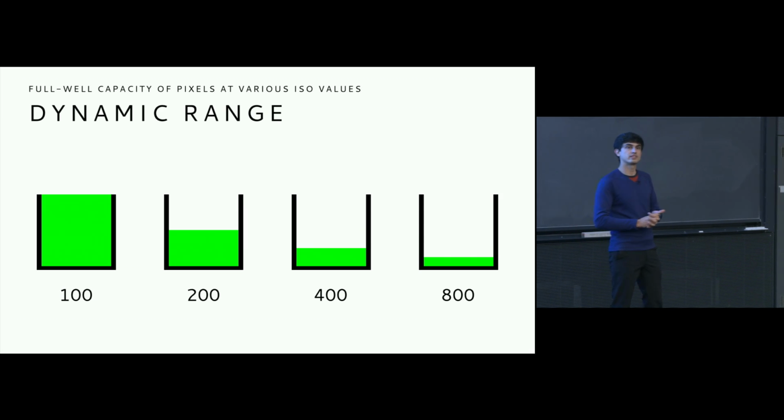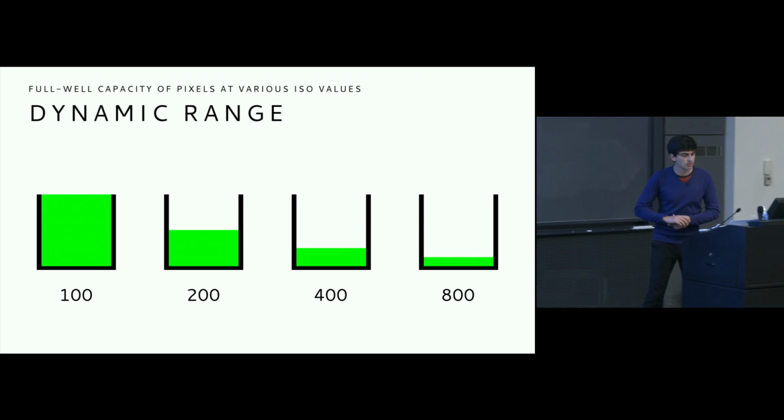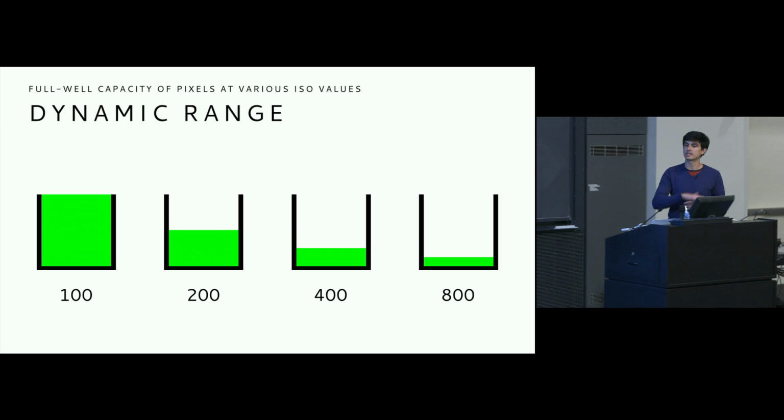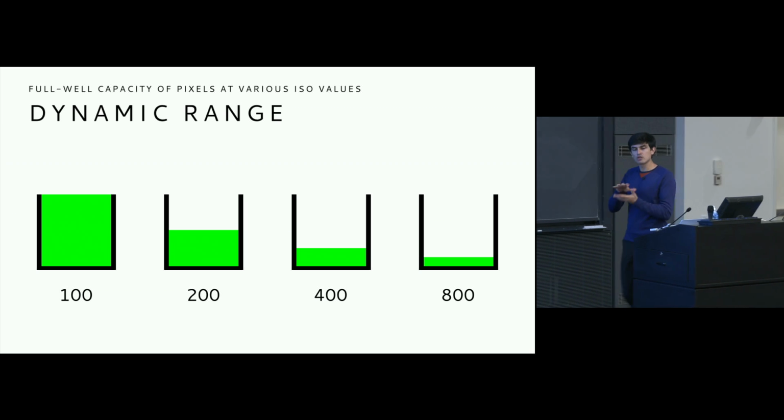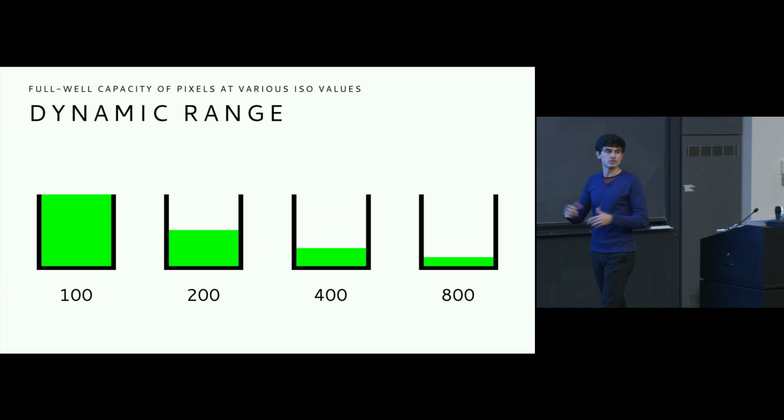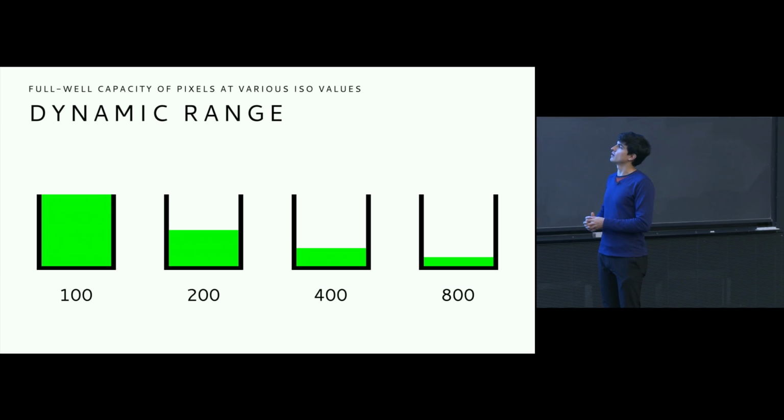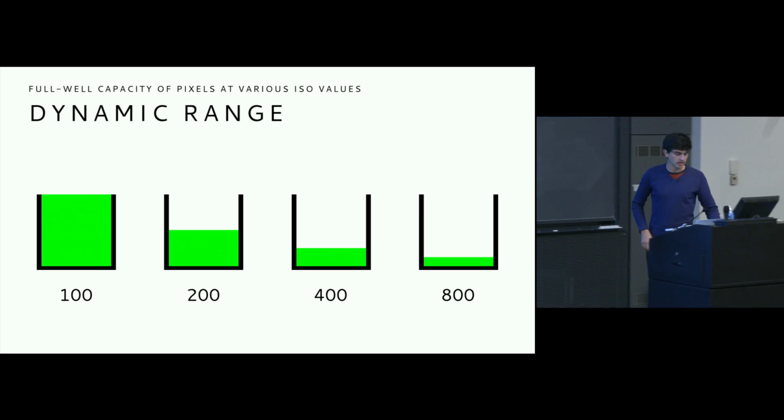In fact, what we are essentially doing is allowing the wells of the individual pixels to fill up a smaller amount and actually multiply that to represent the full values that we had before. It's essentially changing the amplification of the reading off the sensor.